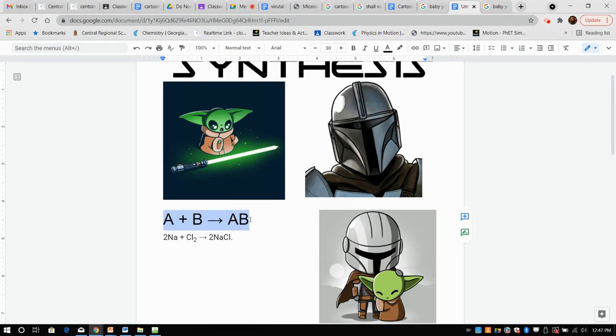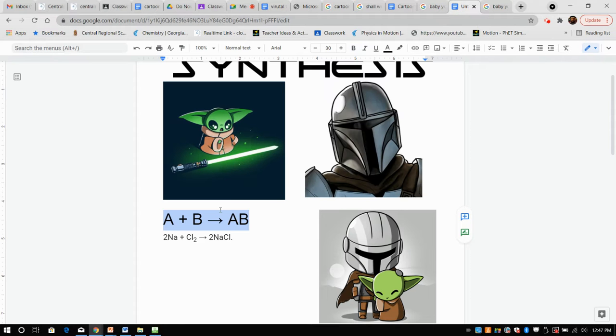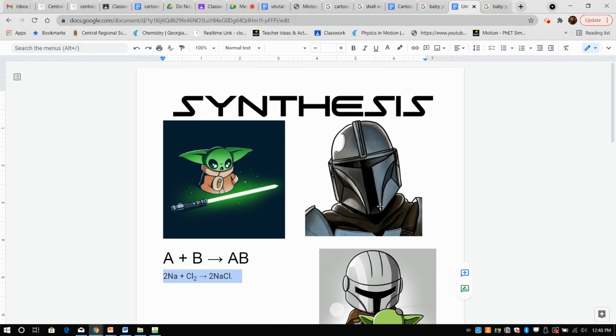The base equation, which was highlighted on all of the spots in the cartoon, these bold lines, and afterwards a balanced chemical equation. If you're not sure what a balanced synthesis equation looks like, you can literally Google balanced synthesis equation example, and you should be able to find ones. So that would be an example.